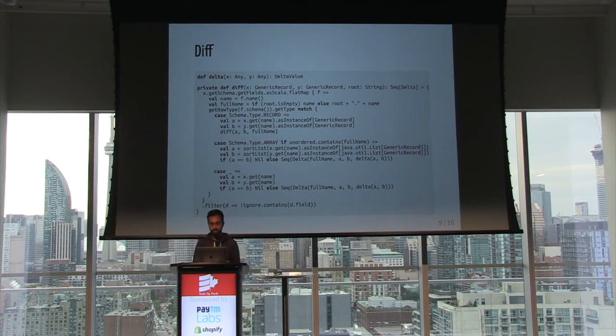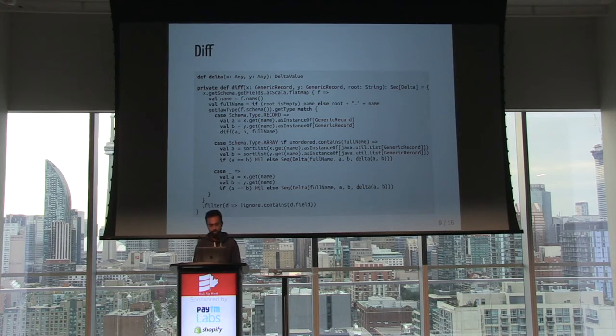If it's a repeated type and it's unordered, basically meaning with a list, you can't always expect to read it in the same order with Avro. It's just the way the data format works. So we want to do a sort and then do the comparison after. And otherwise, we want to compare the left-hand side and the right-hand side and produce one of these deltas.